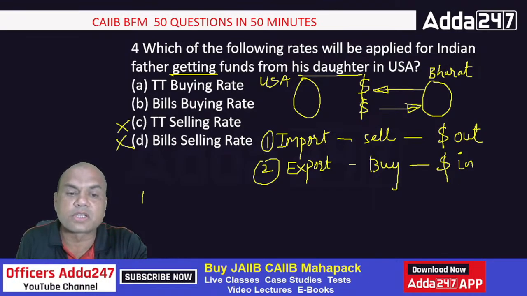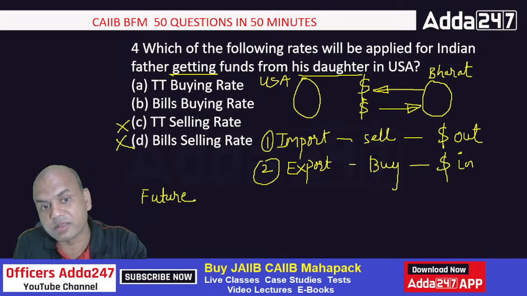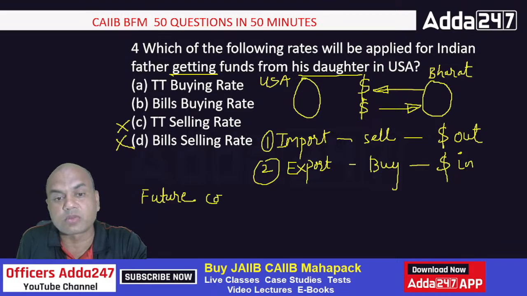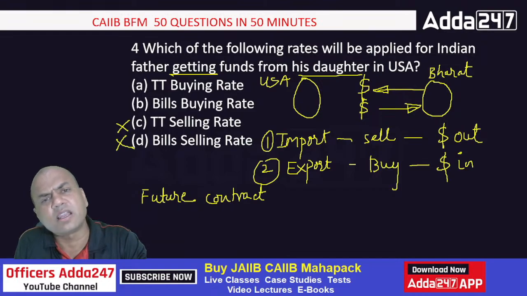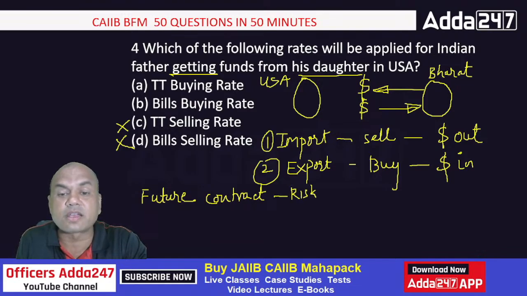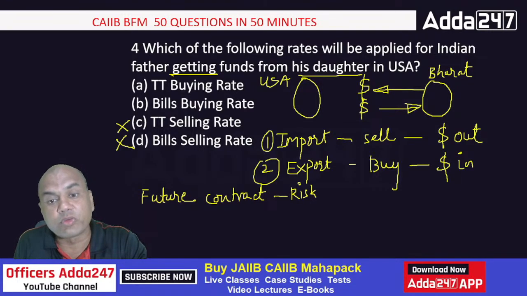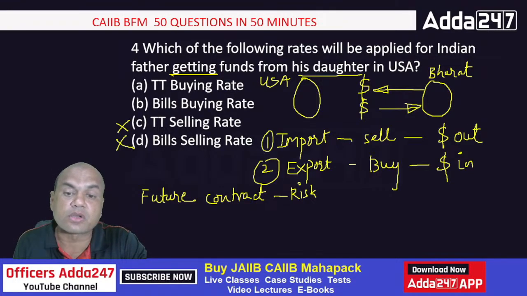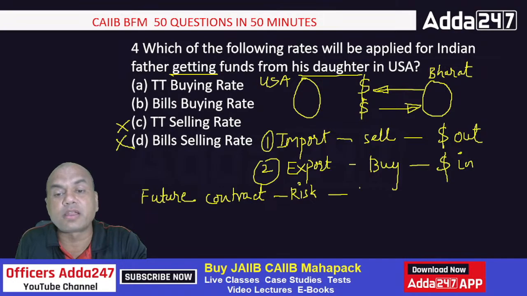Whenever I'm doing a future dated transaction, I'm booking a contract, that I will buy dollars from you or sell dollars to you after 2 months. There is a risk involved, because I'm booking this rate right now for after 2 months, but the rates may be different. So a future contract with risk will always be applied a bill rate.